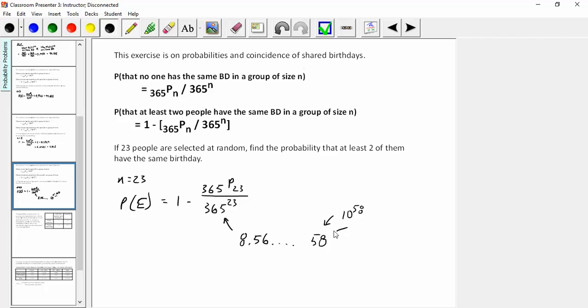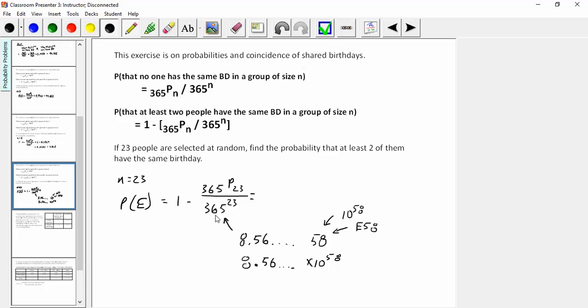Or some of you on your calculators might see E58, which stands for exponent. But this is scientific notation, and this means 8.56 and all those other digits times 10 to the 58th power. That's a monstrous number. It's taking this decimal point and moving it 58 places to the right. Yeah, that's a big number. Which is why I never write down these big things. I just try to do all the work I can in my calculator.